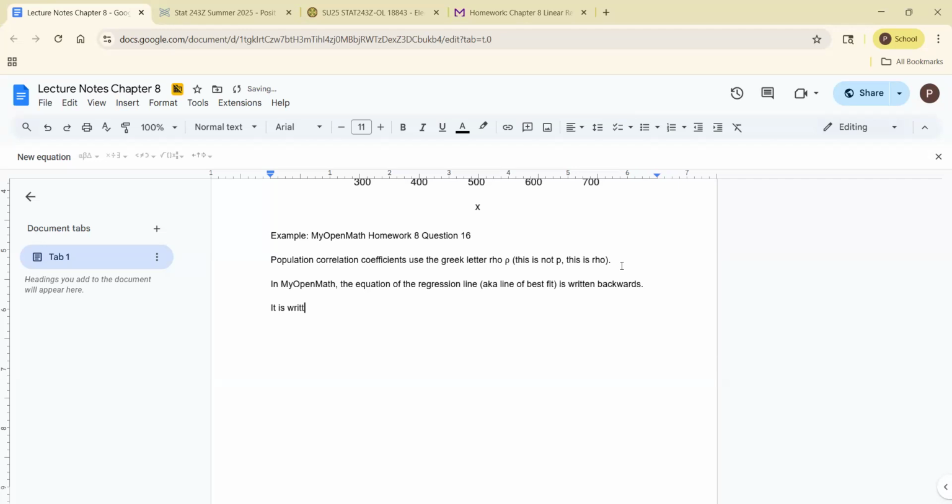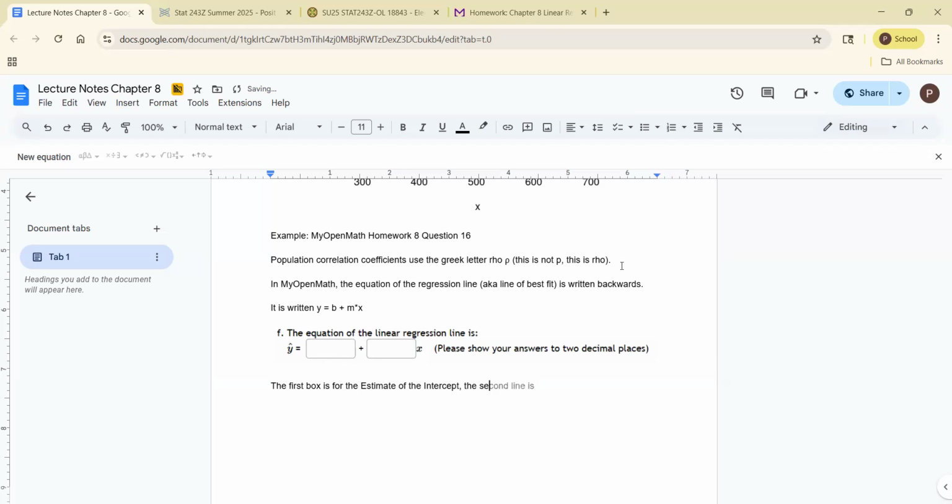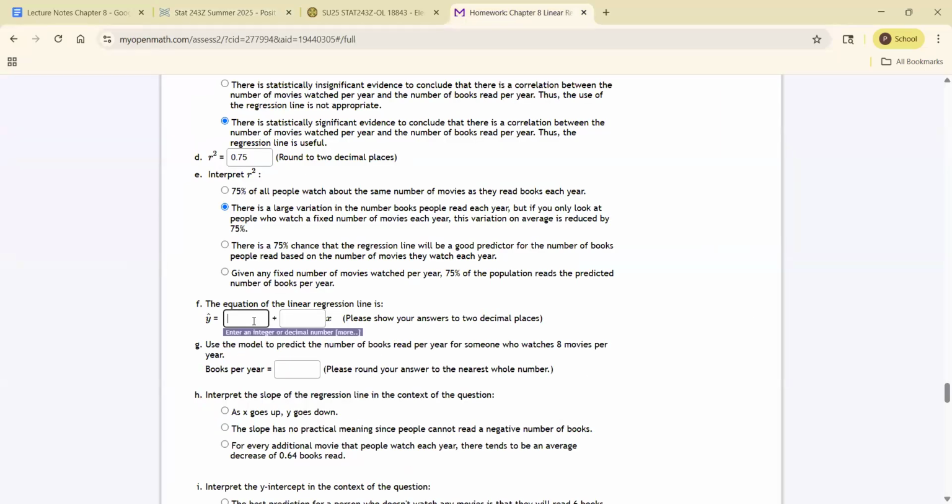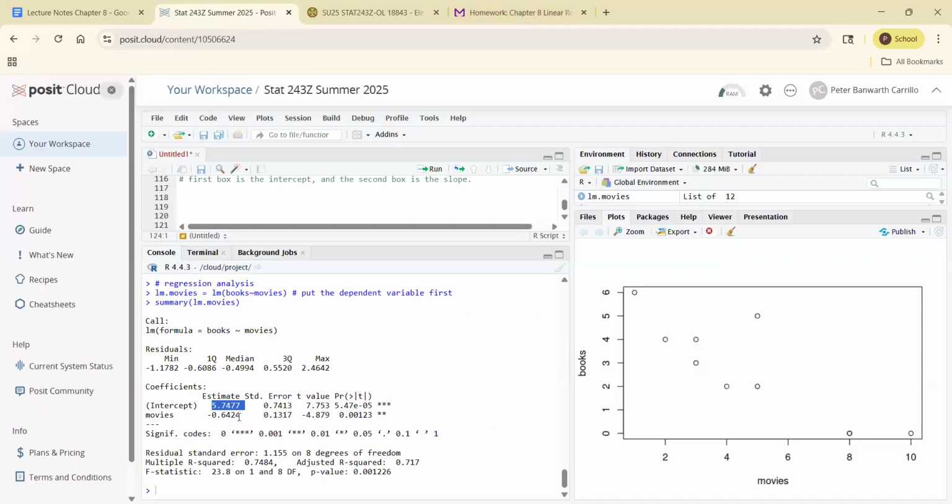It is written y equals b plus m times x instead of y equals mx plus b. So the first box is for the estimate of the intercept. The second box is for the estimate of the slope. Our intercept has an estimate of 5.75, and our slope has an estimate of negative 0.64.